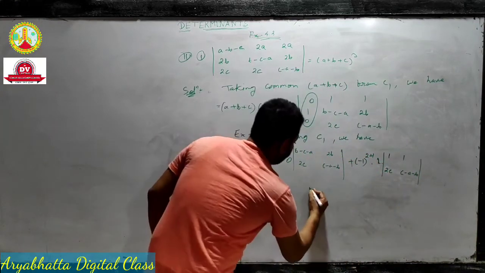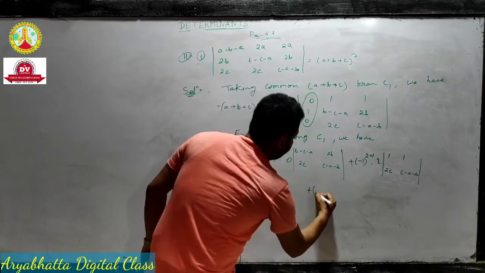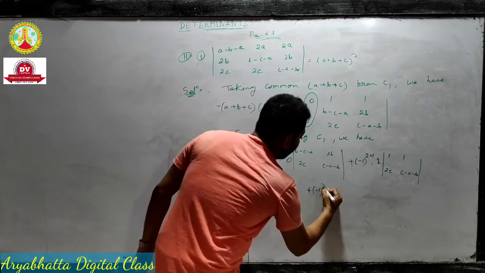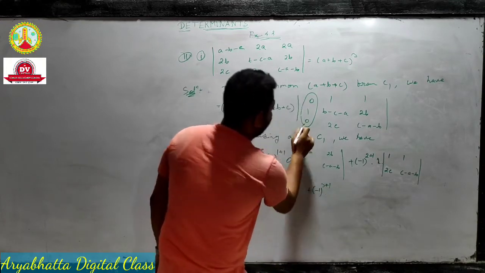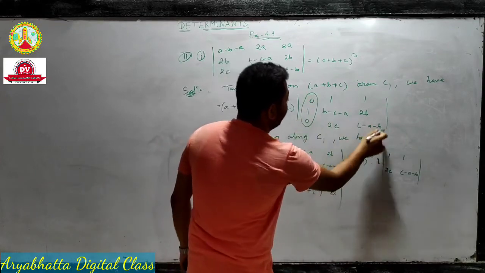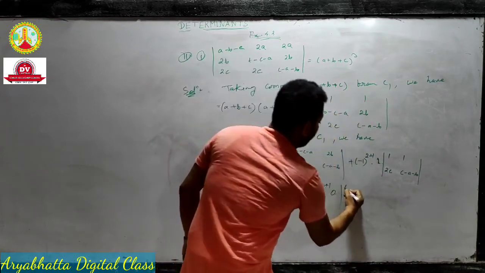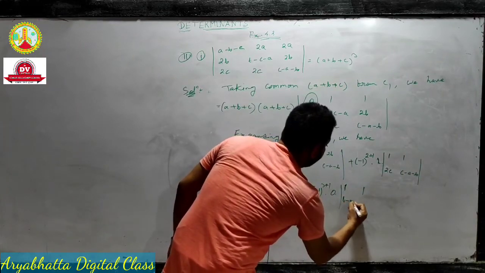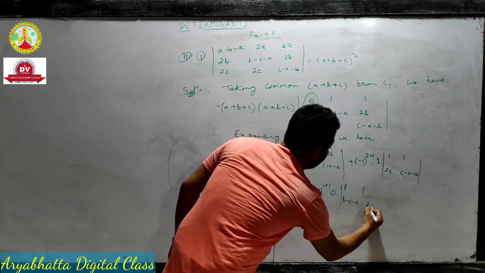Plus, for the element in the third row, first column, (−1)^(3+1) into the element 0 into the remaining determinant: 1, 1, b − c − a, 2b.